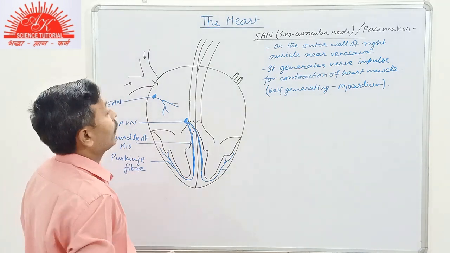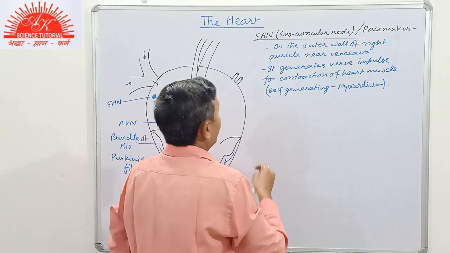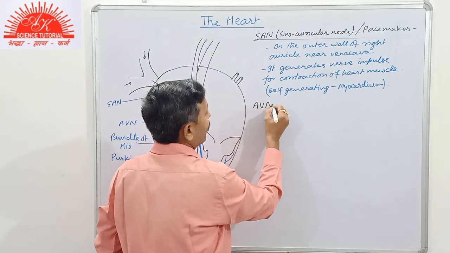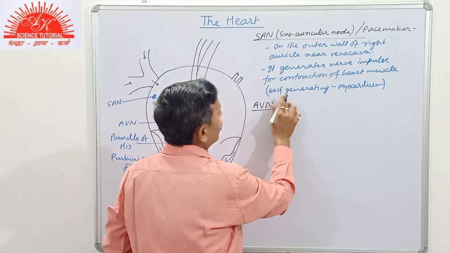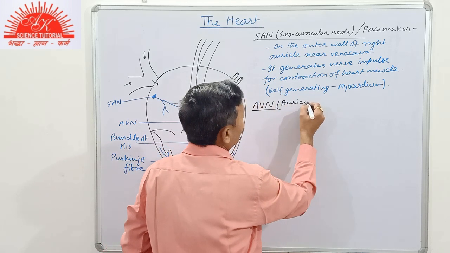Now, so there is another structure that is termed as AVN, that is auriculoventricular node or atrioventricular node.